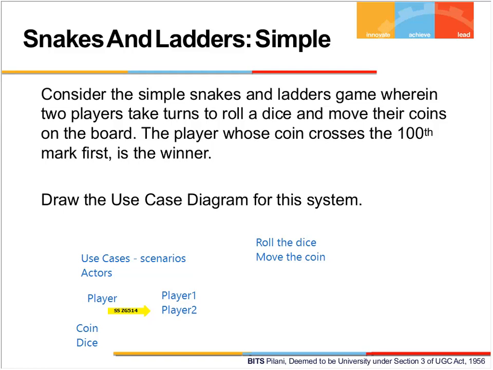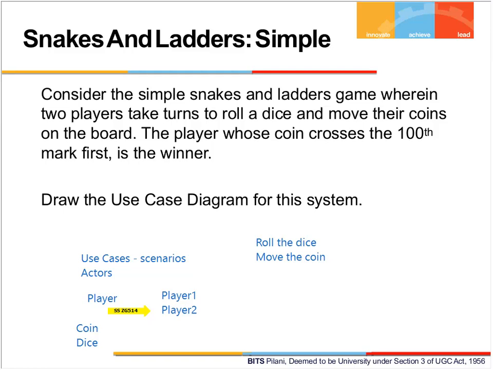There will be no player 1 or player 2. The actor player represents all the players that would exist in the system, so we will not separate them out into player 1 and player 2.